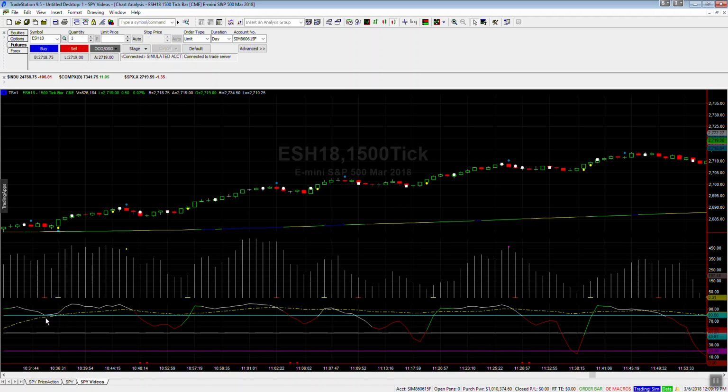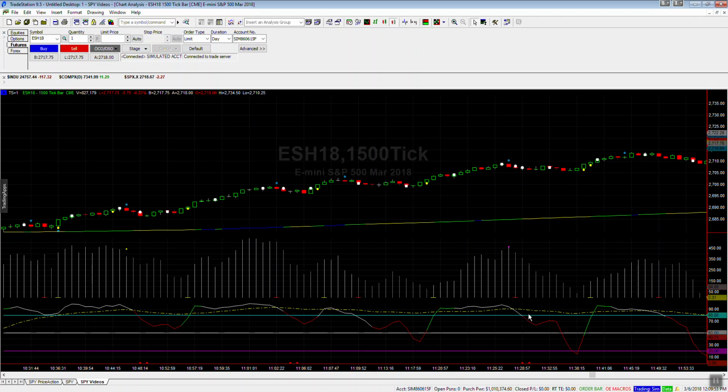It came up through the midline and crossed over the upper bounds, and see how it's oscillating a little bit, but it's staying above this upper bound. When it stays above that upper bound, the upward movement has a lot of strength to the upside, and it's an extremely stable trend upward. And you can tell that because of the position of the inflection line.